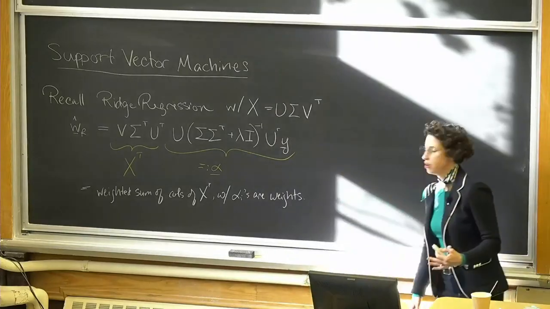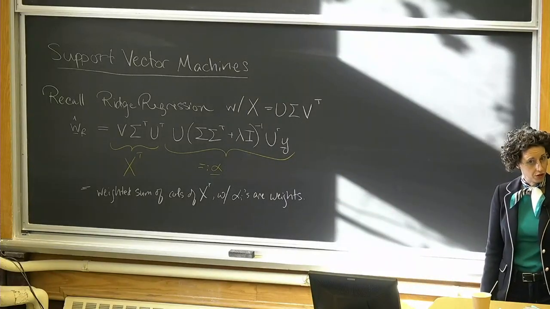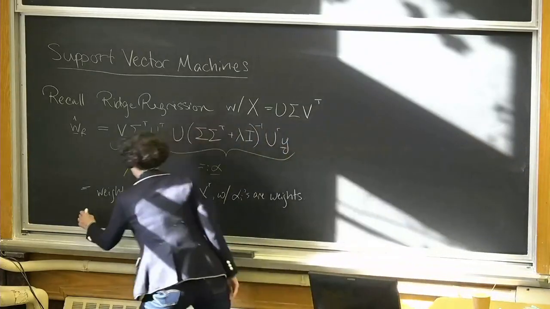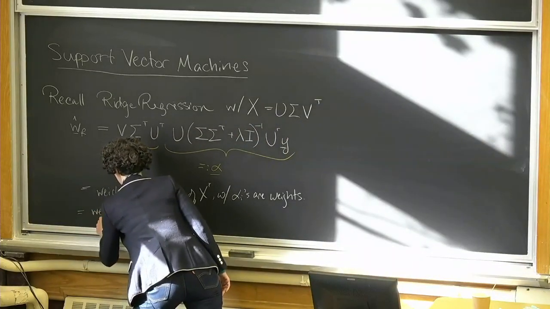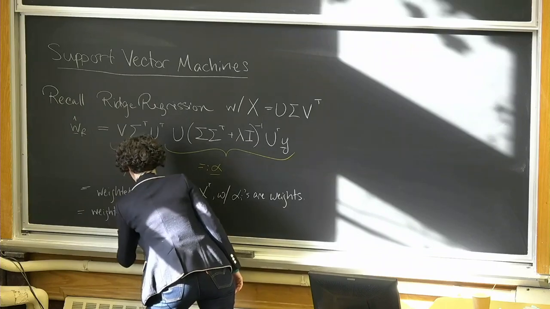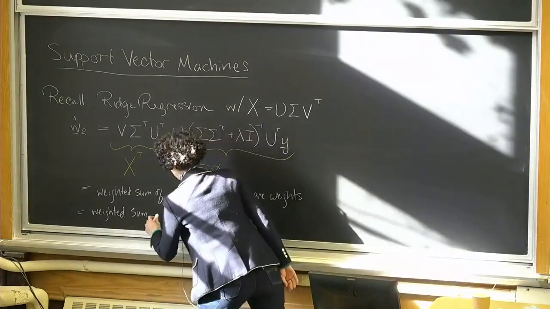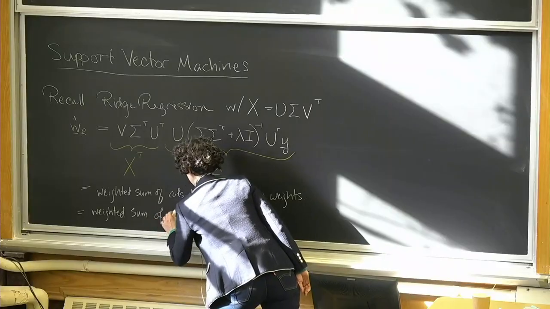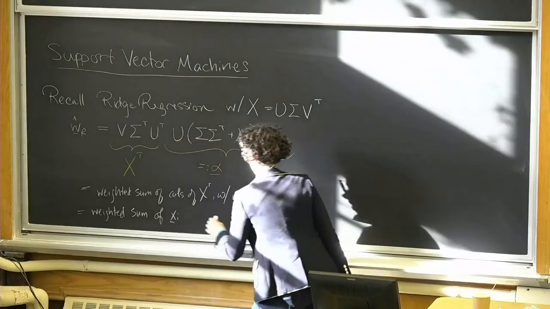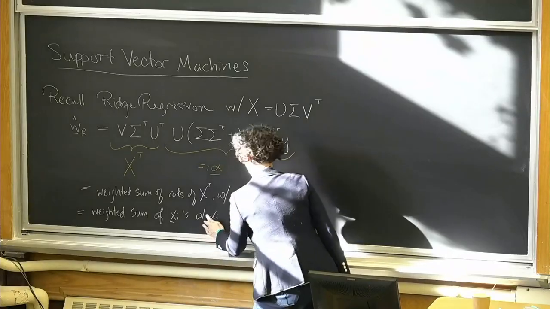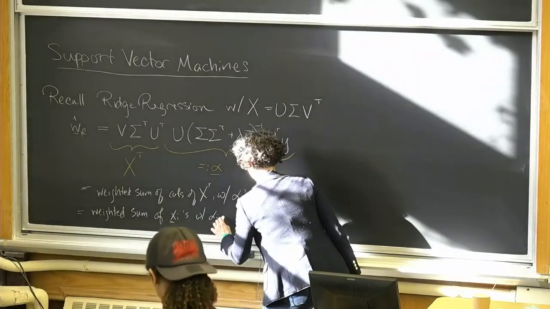And if we think about, well, what are the columns of X transpose? Those are actually our features. So the columns of X transpose are the rows of X. So this is a weighted sum of our training feature vectors, the Xi's, with the alpha i's as the weights.